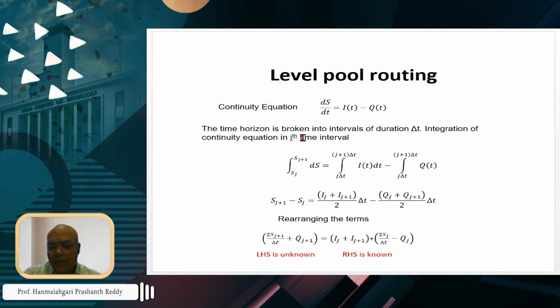When we integrate the continuity equation between j plus 1 time and j time, it is shown here: integration of dS between Sj and Sj plus 1 is equal to the integration of I(t) dt from j delta t to j plus 1 delta t minus the integration of Q(t) dt from j delta t to j plus 1 delta t.